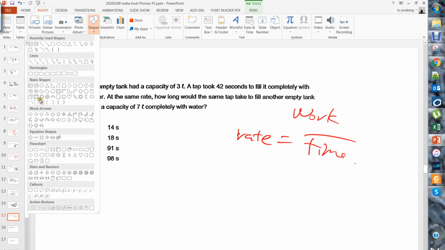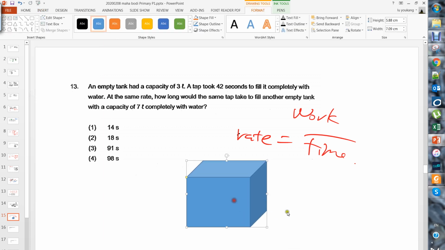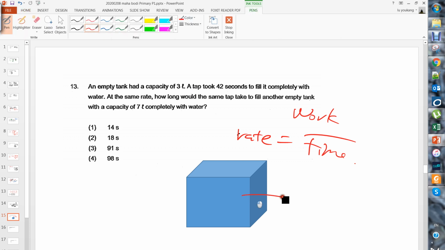Can you spot a tank? Oh yes. Very fast, only if you know how to. So this is a 3 liter tank, right? Then it says it took 42 seconds to fill it completely. 42 seconds. So do you know the rate? In this question, do you have the rate?